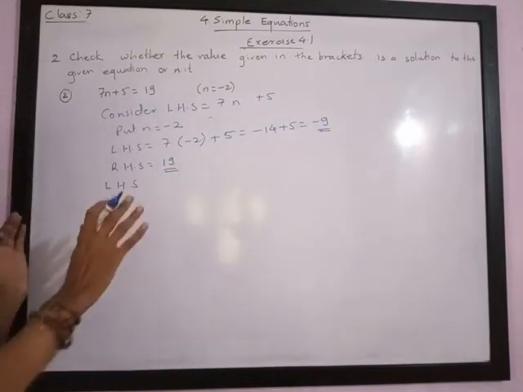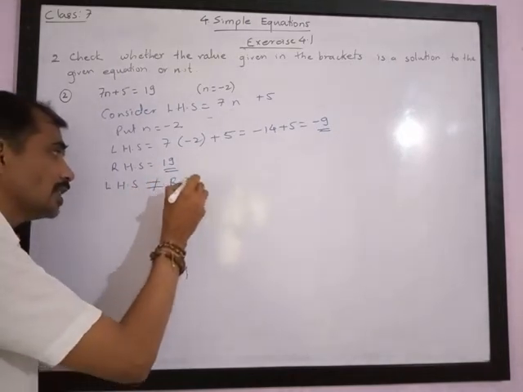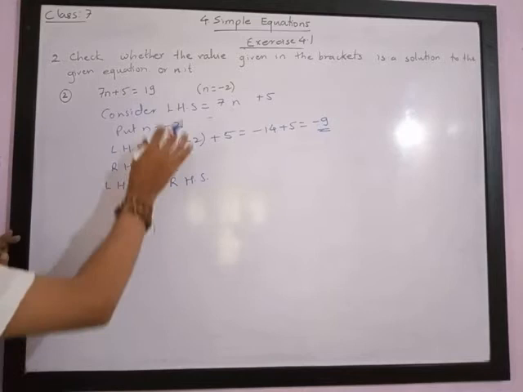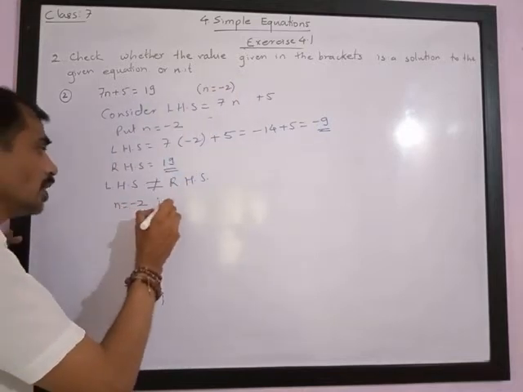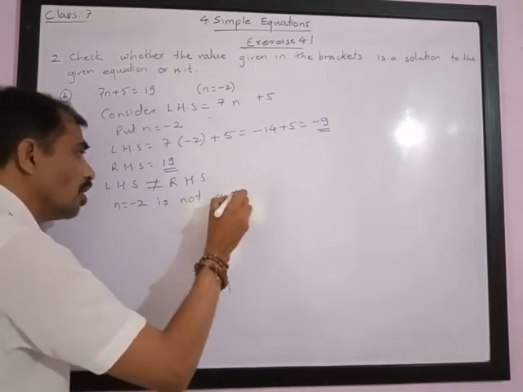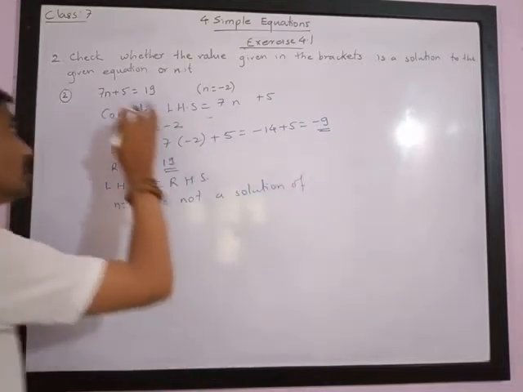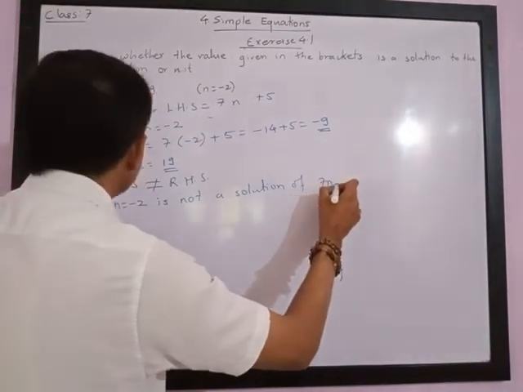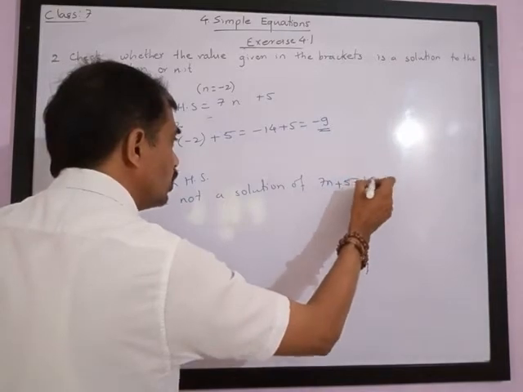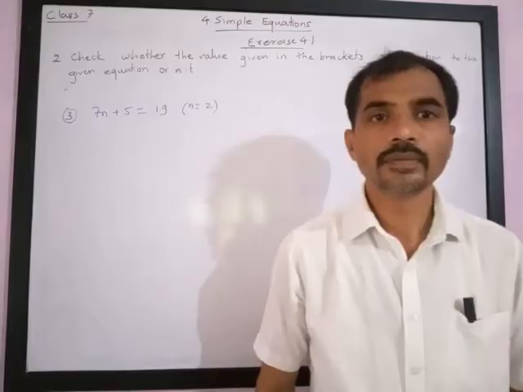So left hand side is not equal to RHS. It means n is equal to minus 2 is not a solution of the given equation 7n plus 5 is equal to 19.